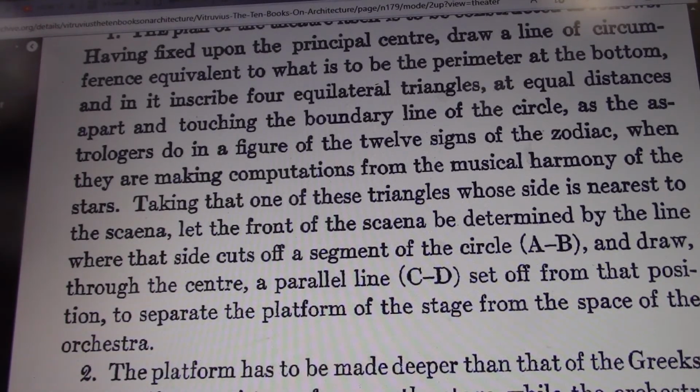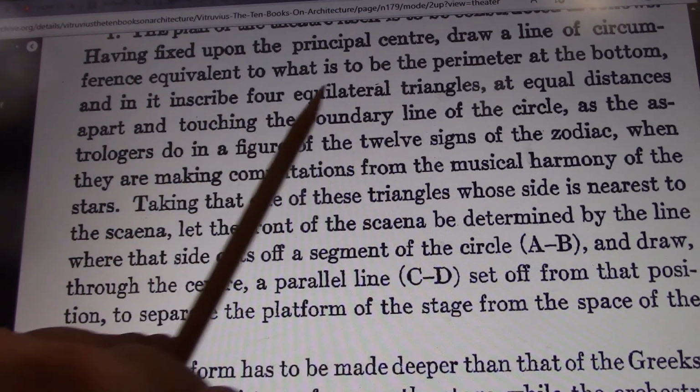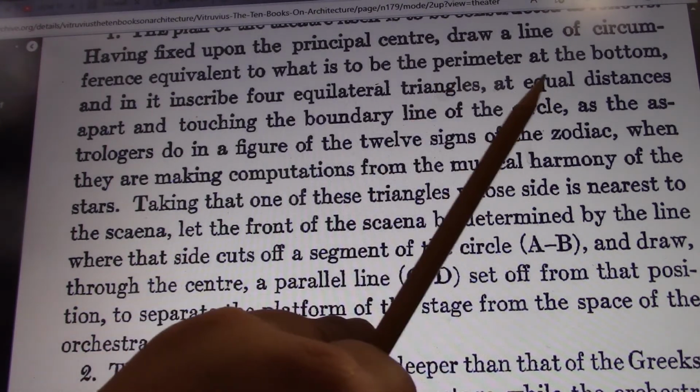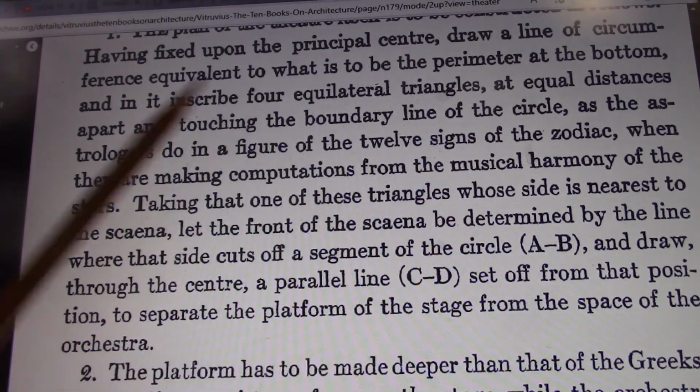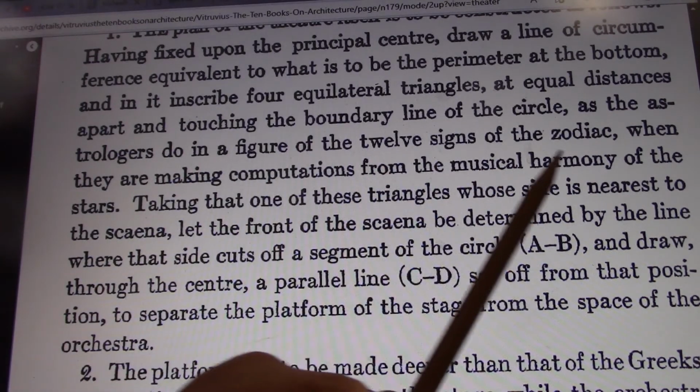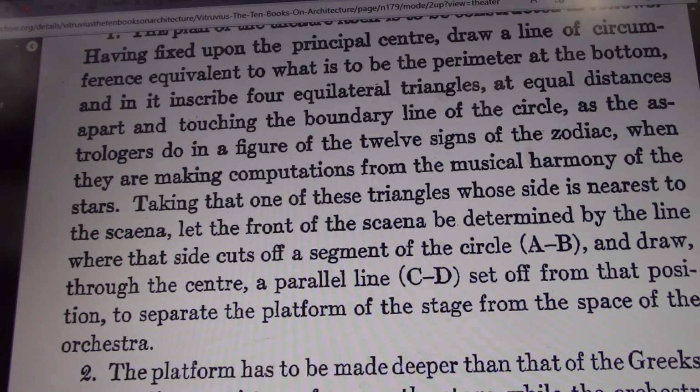I don't know if you can see that wording here, but he does go over the 4 equilateral triangles, and it has to do with those points of the stars meeting that circle. So now there's 12 points on that circle, and those 12 sections do represent the 12 signs of the zodiac. So now, what does that really have to do with anything?